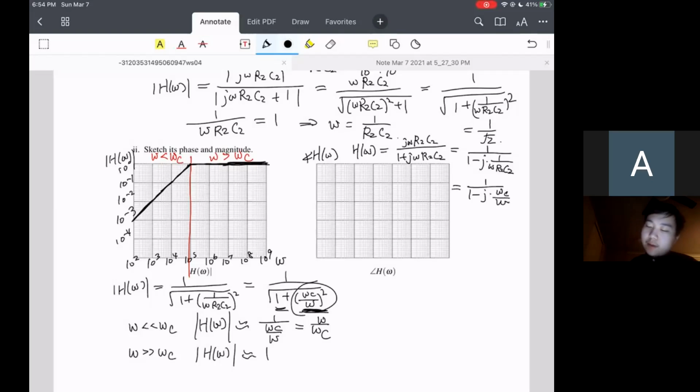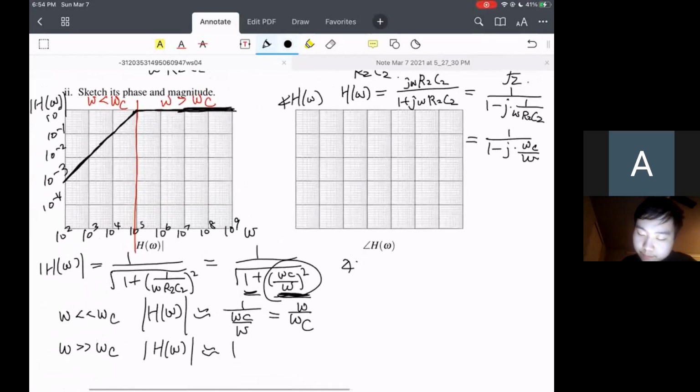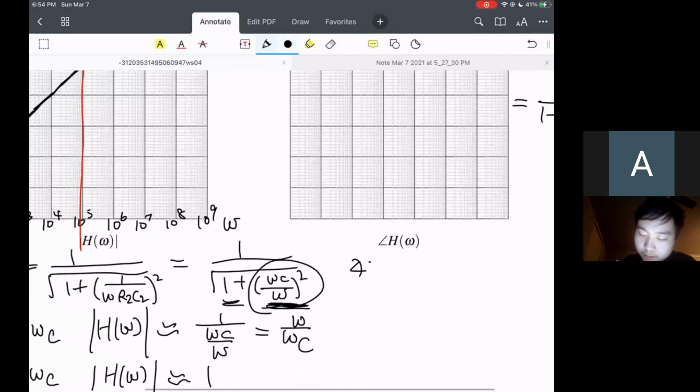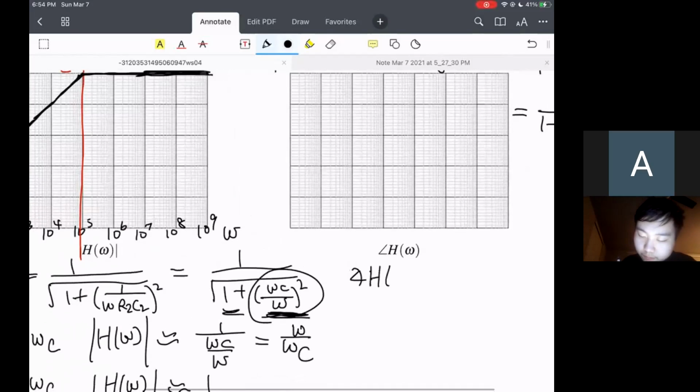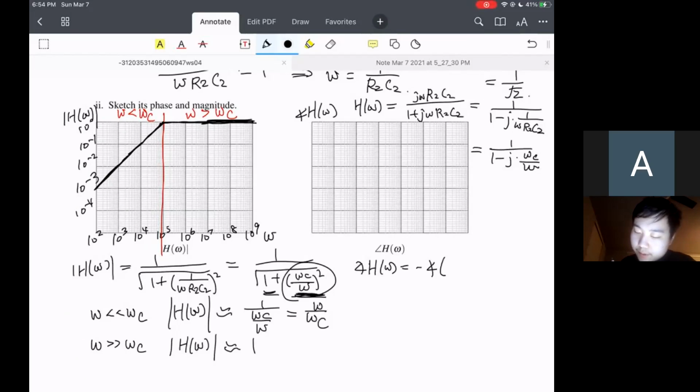And since the phase of a quotient is just a difference in the actual phases, we see that the phase of the transfer function h of omega is equal to negative the phase of 1 minus j times omega c over omega.